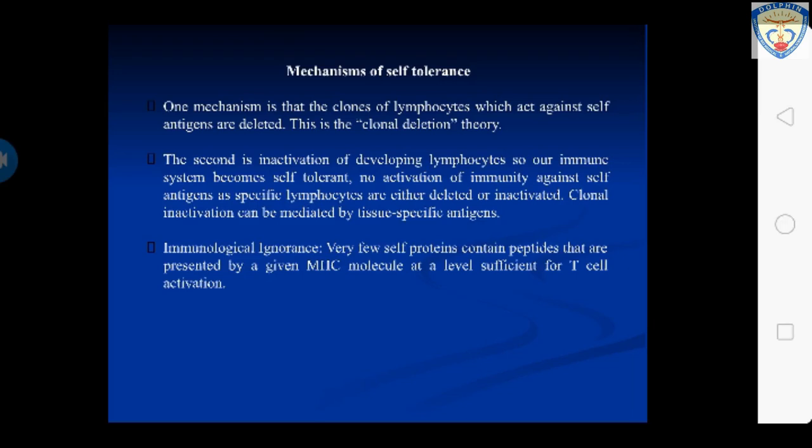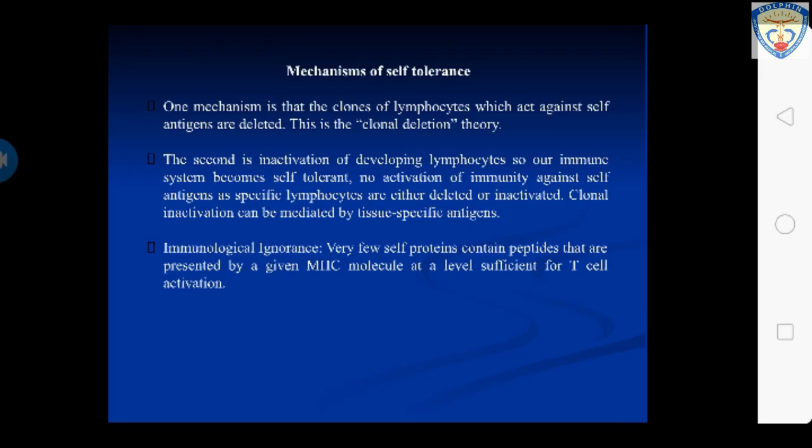So, we'll talk of the various mechanisms which are developed naturally in our bodies through our immune system to recognize and tolerate our own antigens, and this is called self-tolerance.